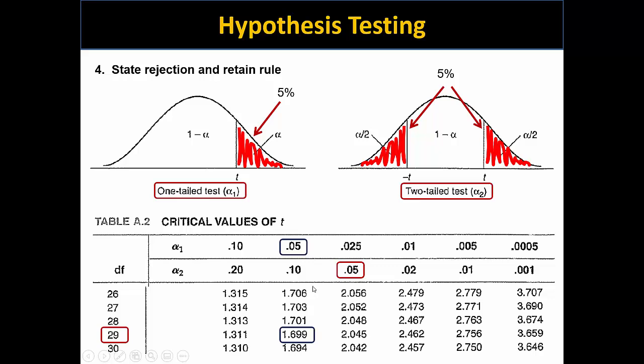If we select the two-tailed approach as we do in this problem, we have the same degrees of freedom, that doesn't change, but what changes is the alpha 2. So with the two-tailed approach, we use the alpha 2 row here, and we go down and we see we have a larger critical t-value.